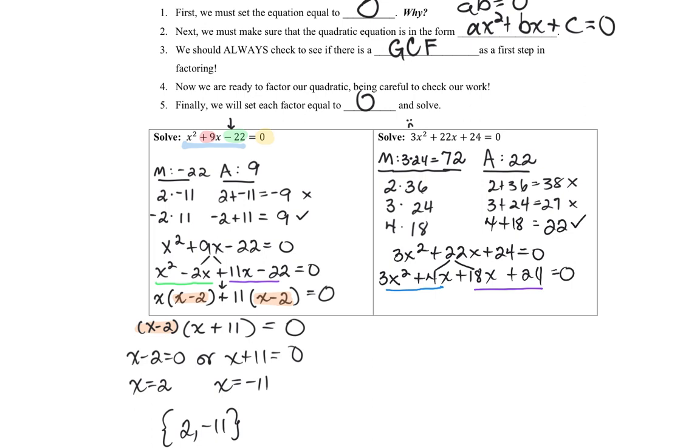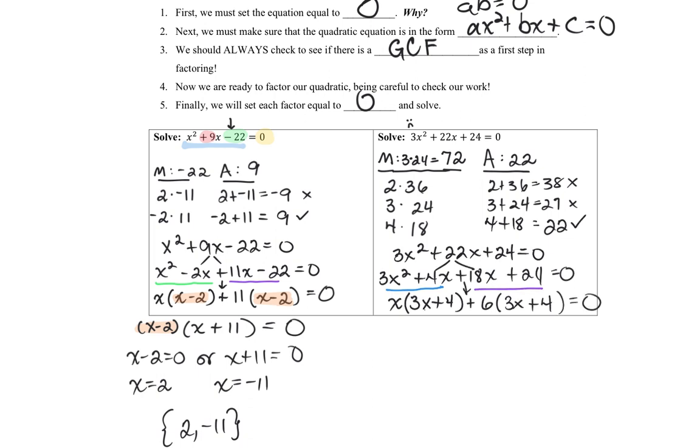Now, my common factor for the first pair is just x. So I'm going to end up with x times 3x plus 4. Double check. X times 3x is 3x squared. X times 4 is 4x. Plus the common factor, greatest common factor for 18 and 24 is 6. 6 times what gives me 18x? 3x. 6 times what gives me 24? 4.